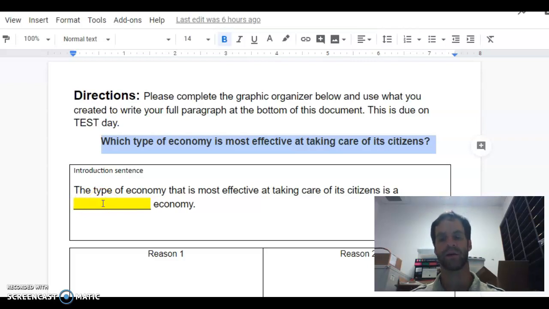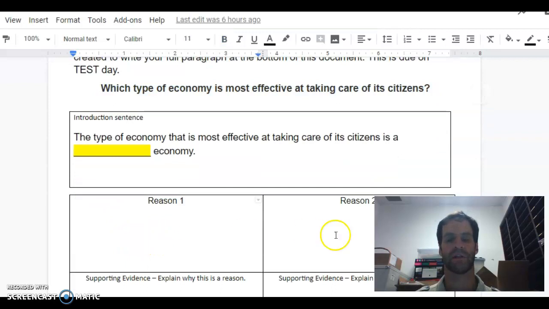Keep in mind that it is an opinion and there's not a wrong answer. So whatever you feel best takes care of its citizens, that's going to be your choice. Now down here you need to give me 2 reasons why you think that system is effective. So you have 4 to choose from, right?